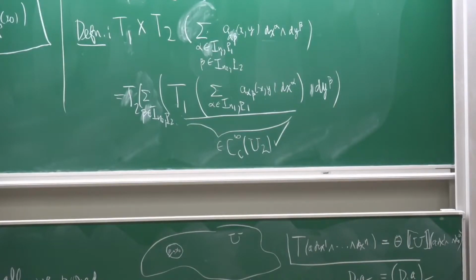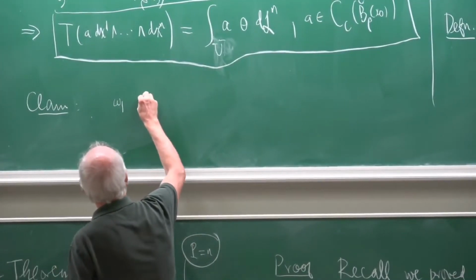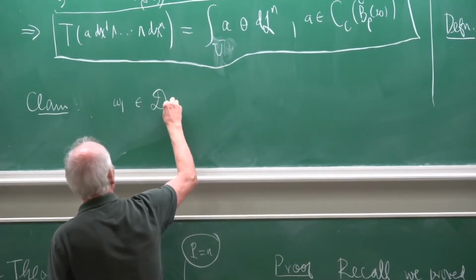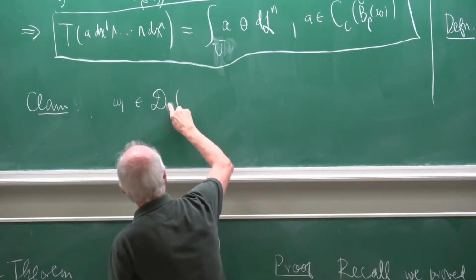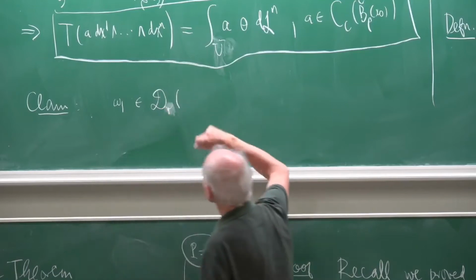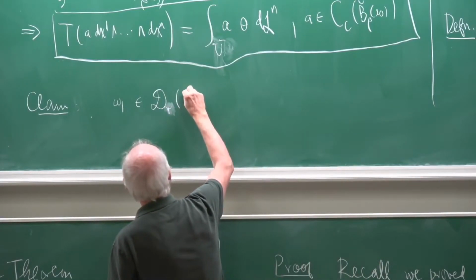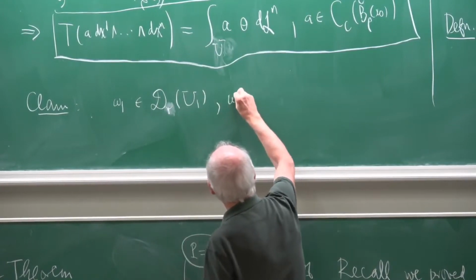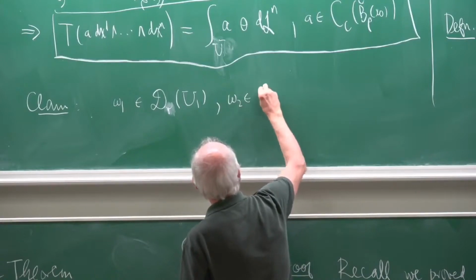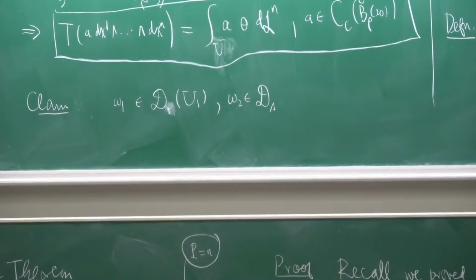And the claim is, in fact, rather easy to check now once you're convinced that's the correct definition. The claim is that if you take two forms, omega 1 in D r of U1, some dimension r, and omega 2 in D s. Oh, yes, sorry. Actually, I cheated you there.